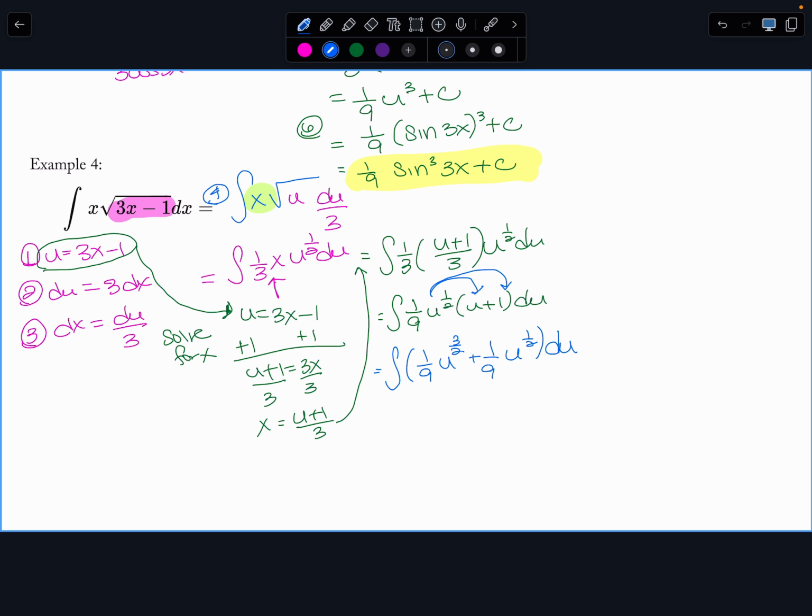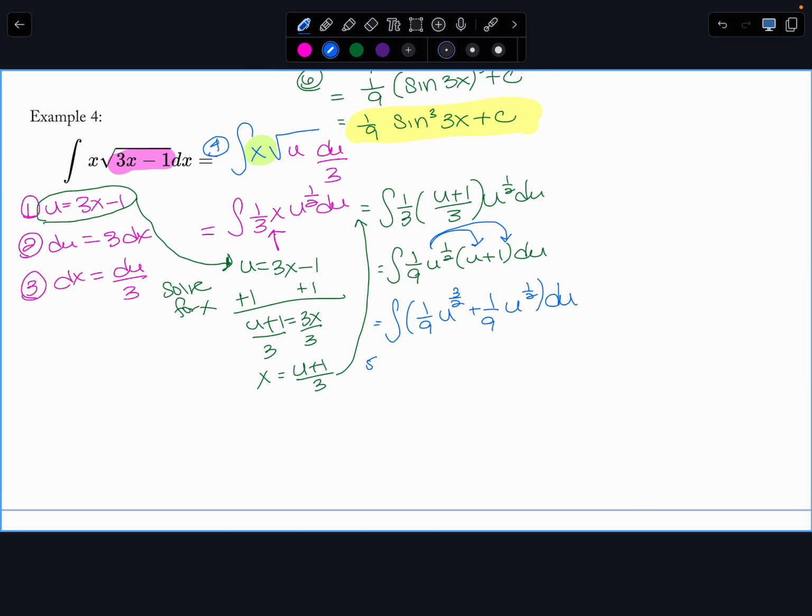So now I need to take an antiderivative. It even took me all the way over here to get to step 5. So I have a 1/9 u to the 5/2, so that's a 2/5 that goes in front, plus a 1/9 u to the 3/2, so a 2/3 goes in front, and then a plus c.